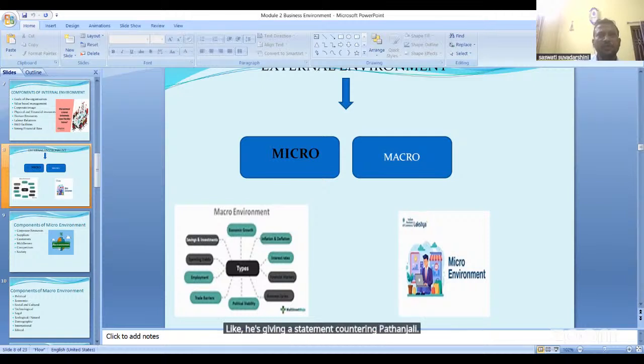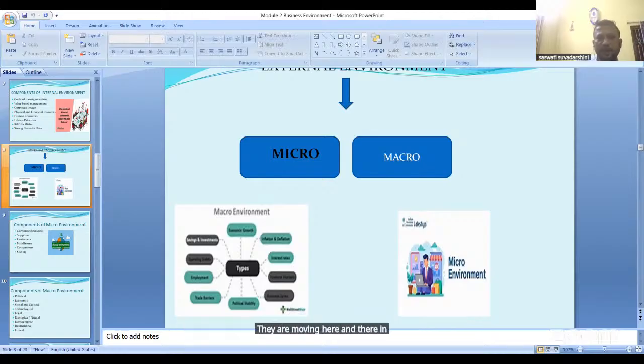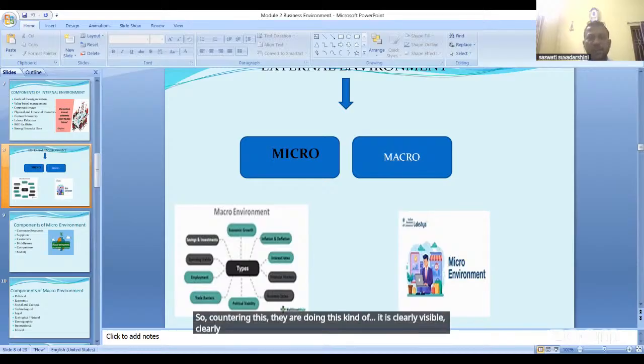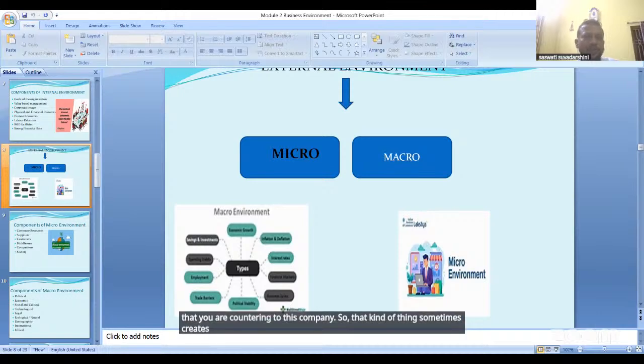What the Patanjali people show in their advertisement is moving here and there in hills and mountains, searching for some leaves and preparing certain products. Countering this, it is clearly visible, people can clearly understand that you are countering this company. That kind of thing sometimes creates problems for the business unit.